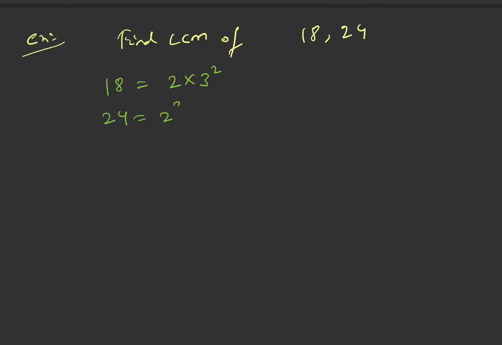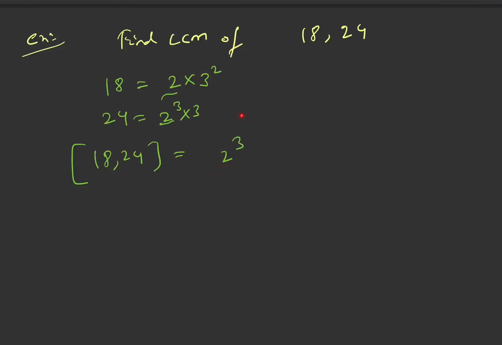For example, find LCM of 18 and 24, right? To find LCM, we'll just prime factorize. 18 is 2 into 9, so it is 2 into 3 square, and 24 is 2 cube into 3, right? Now for LCM of 18 and 24, in 2 you need to take 2 cube, then only it is divisible by both 2 and 2 cube, right?